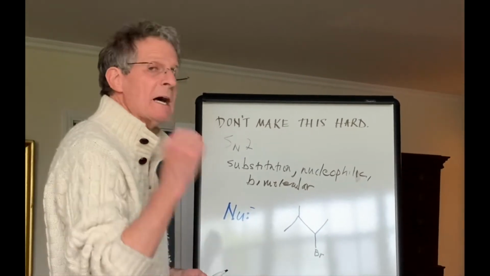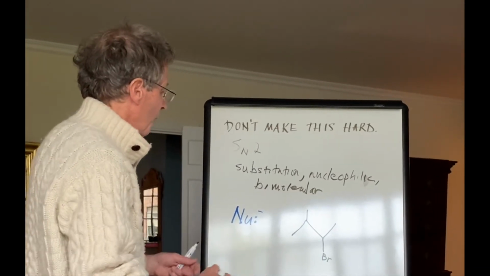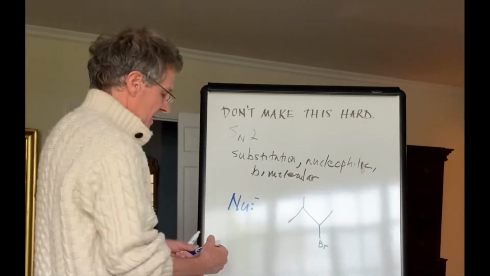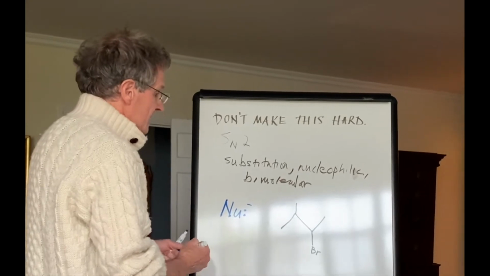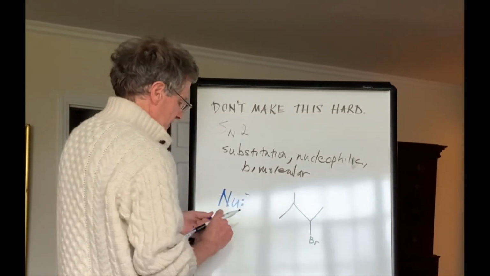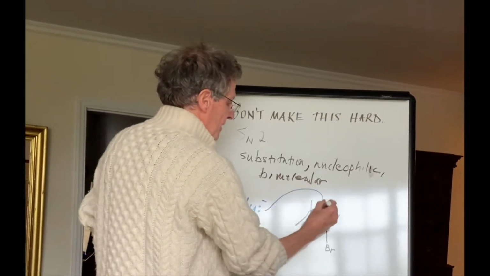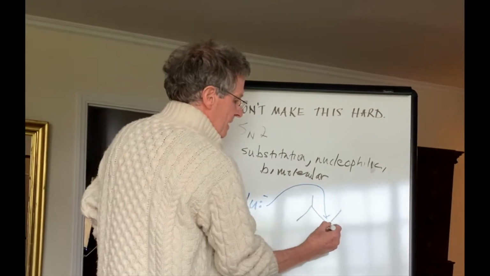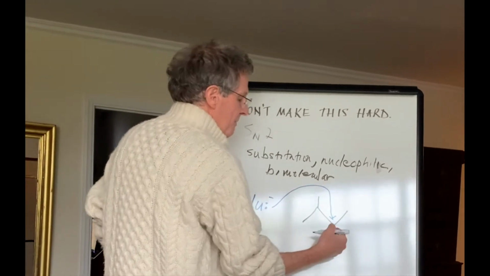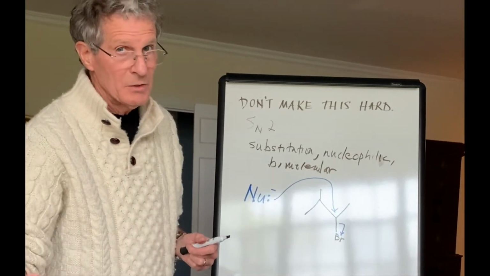They look for a good target carbon that will be welcoming of the electron pair on the nucleophile. So in the nucleophilic substitution, the 2 electrons of the nucleophile find a good target carbon. A good target carbon is one with a halogen, with a good leaving group.